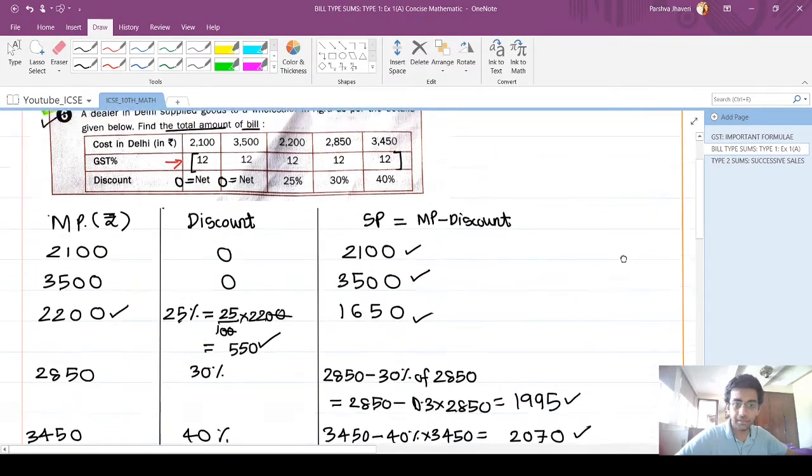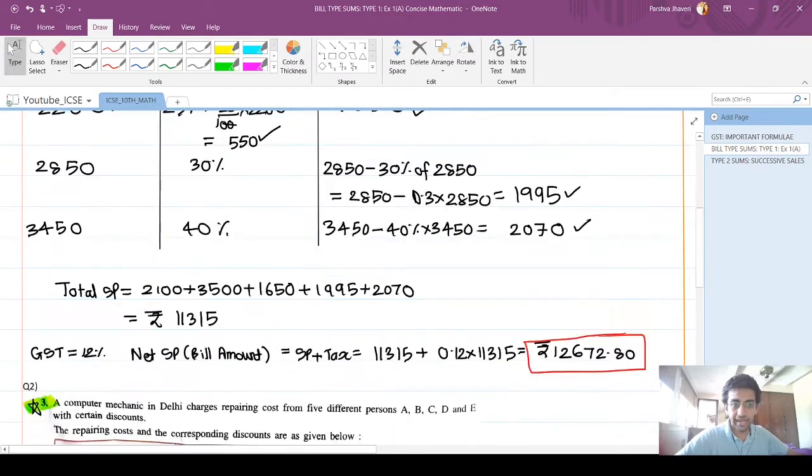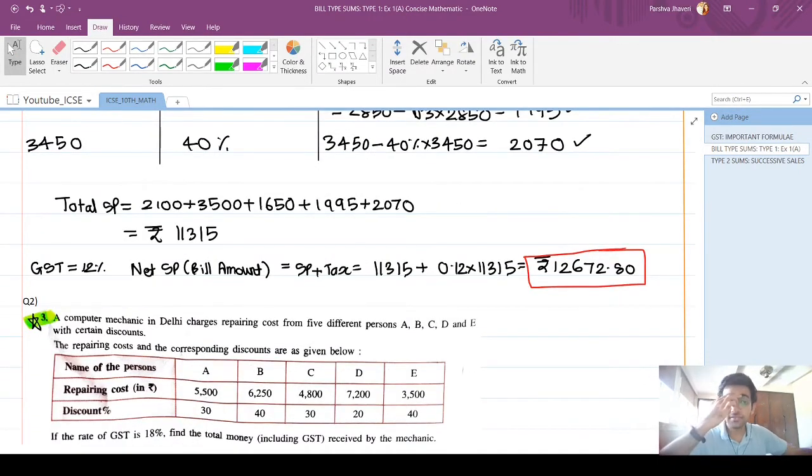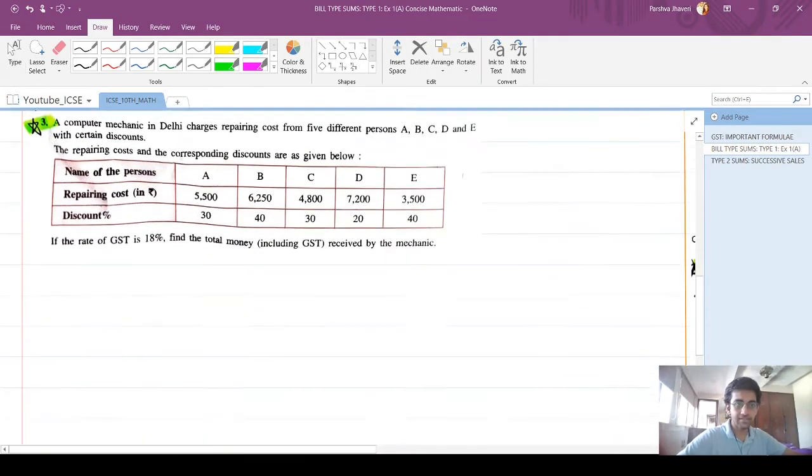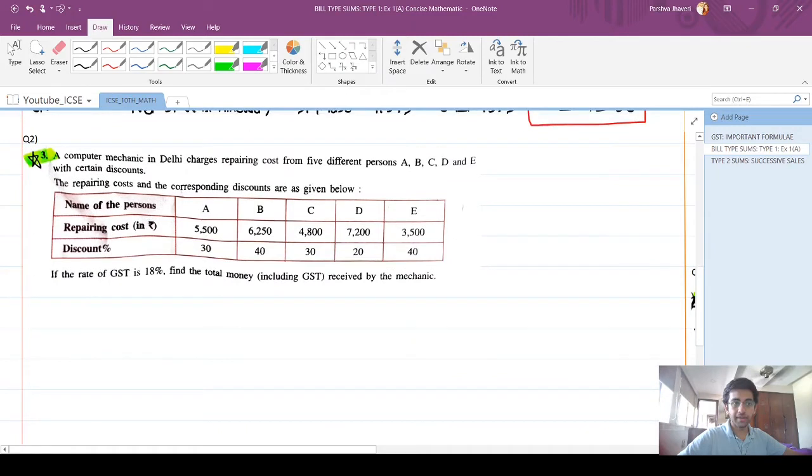Selling price is nothing but marked price minus the discount. I added up the individual selling prices to get the total selling price, and then to find the net SP or bill amount, you add the tax levied on the SP to the SP. So 11315 plus the tax on 11315 will give you 12672.80. That is your net selling price.